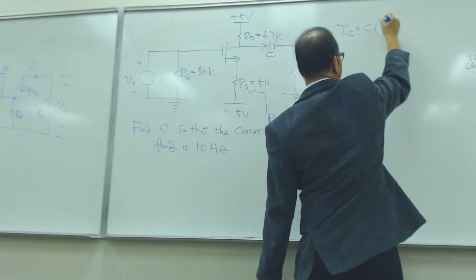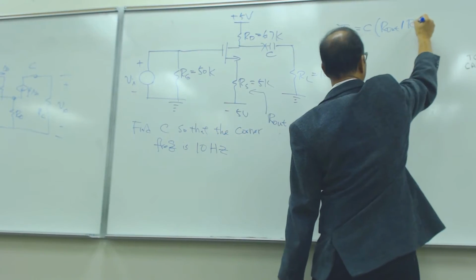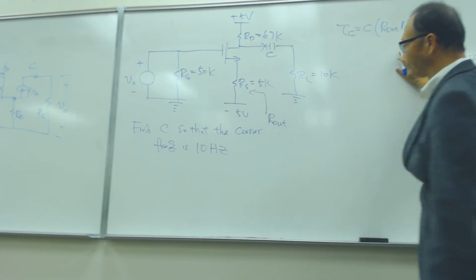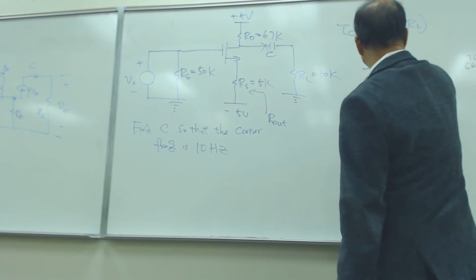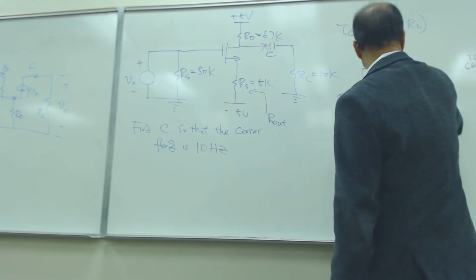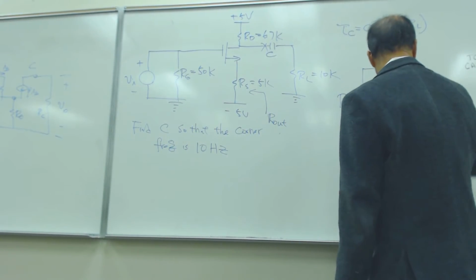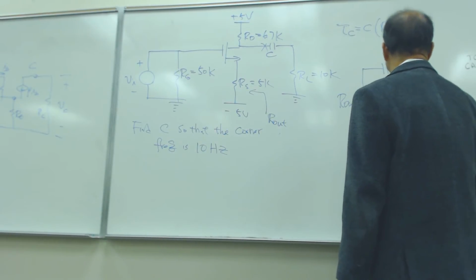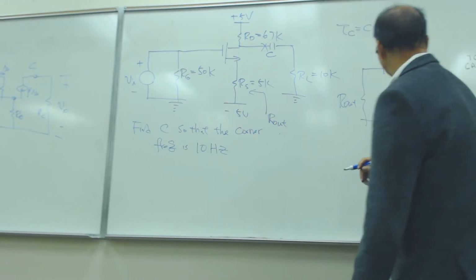So it's R out in parallel with R sub L, right? So basically you have C here. On this side you have R out, on this side you have R sub L. Oh, I'm sorry, not parallel. Plus, yes.